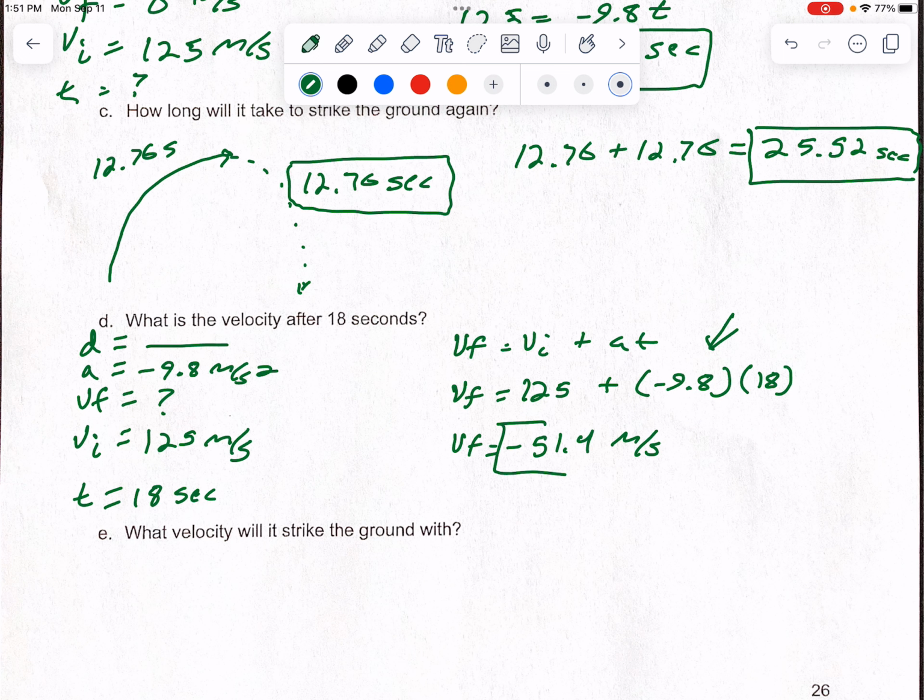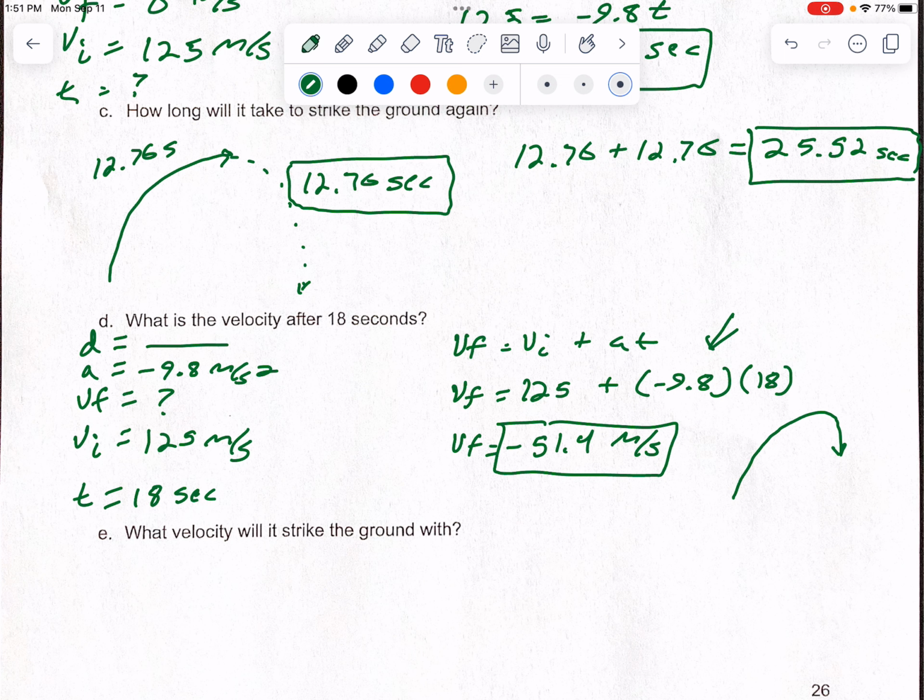The whole reason it is negative is that it has already reached the top and is on its way back down. At 18 seconds, it's already reached its max height, and it's going negative 51.4 meters per second down.